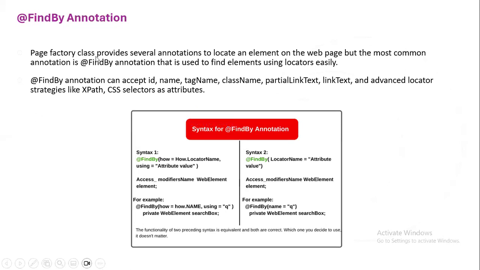The PageFactory class provides several annotations to locate an element on the web page, but the most common is the @FindBy annotation, which is used to find the element using locators easily. @FindBy can accept ID, name, tag name, class name, partial link text, and XPath locators.